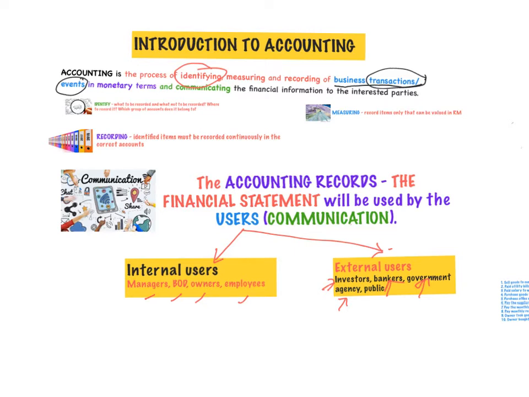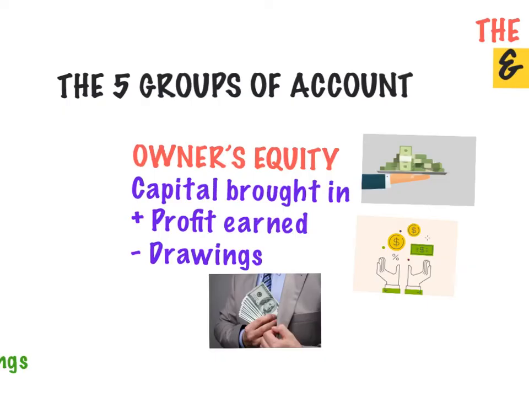Now, I hope that you can understand the meaning of accounting. We continue with our next subtopic, which is the 5 groups of accounts. Once you have identified which transactions are to be recorded and which are not, then you will need to identify where to record them.